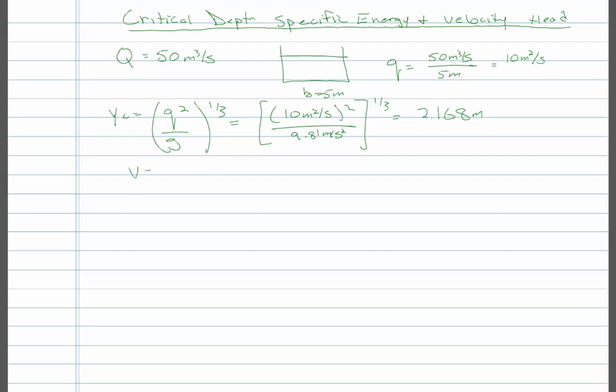The velocity is Q divided by A, so that is 50 cubic meters per second divided by 5 meters times 2.168 meters. And so during critical flow conditions, the velocity will be 4.612 meters per second.